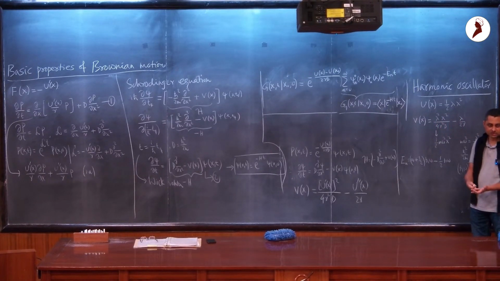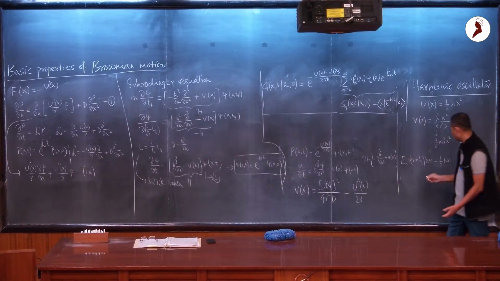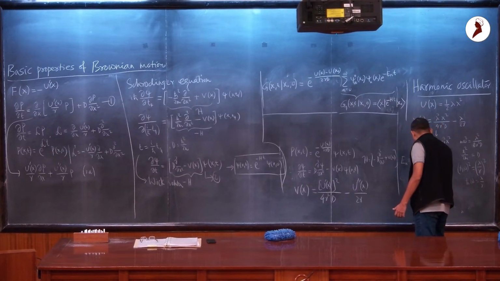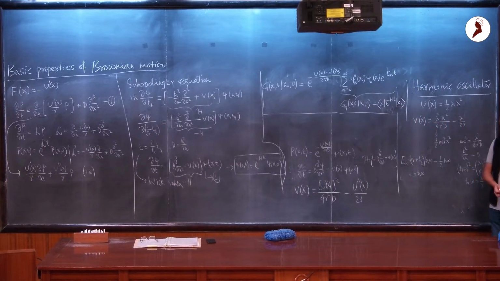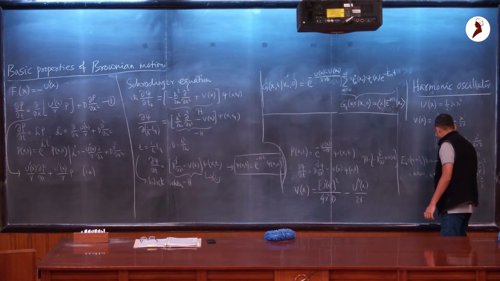Therefore this harmonic oscillator problem has an energy which is nħω, where n is 0, 1 and so on, right?